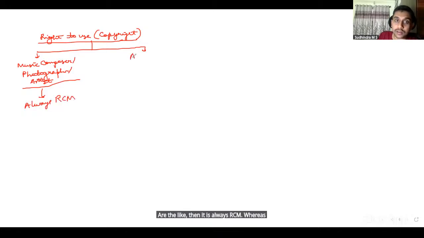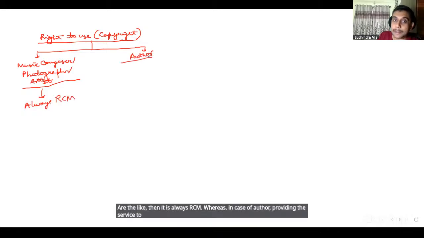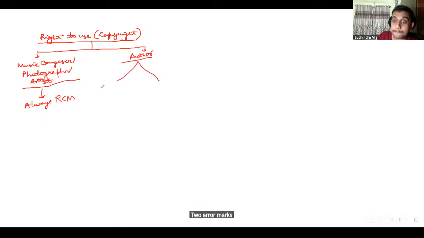Whereas in case of an author providing the service to a publisher, two arrow marks: if the author opts for forward charge, then FCM, else RCM.